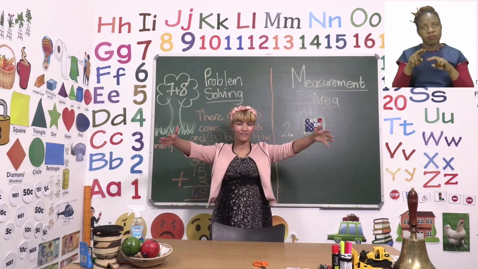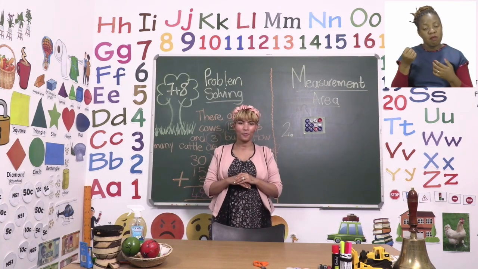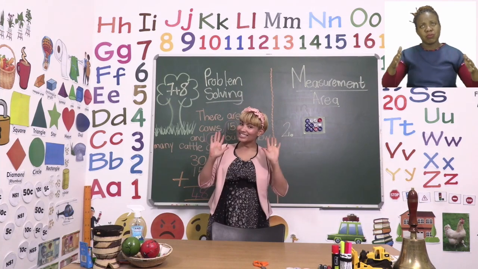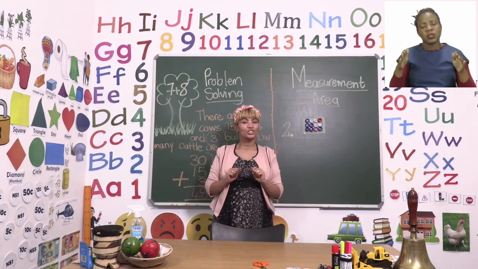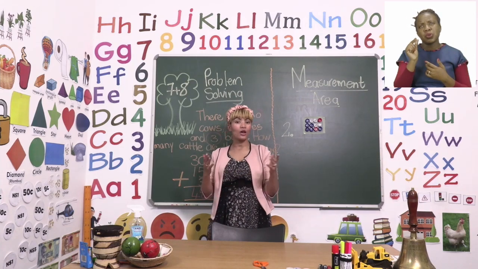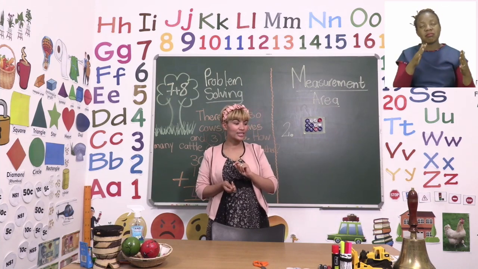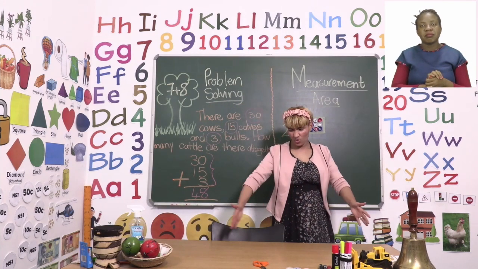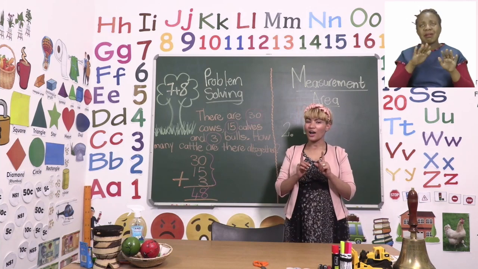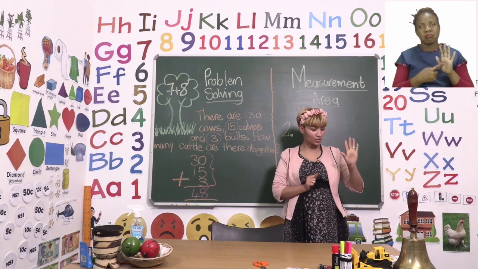Maybe you have a very big table or you might have a smaller table. And remember, some of our hands are bigger than others, so maybe you will use more hands to measure the table or fewer hands to measure the table. My table is quite big, so I won't finish it. I'm just going to show you how you can measure your table.